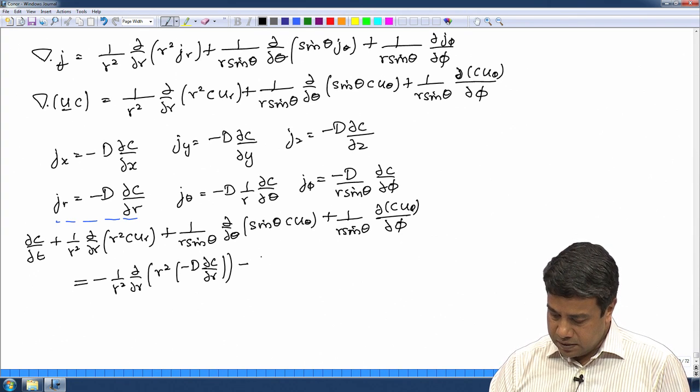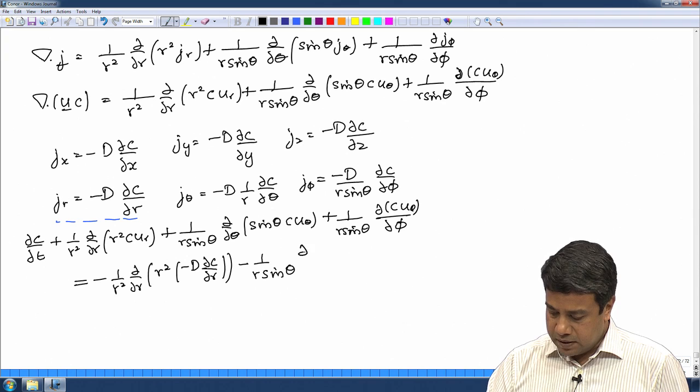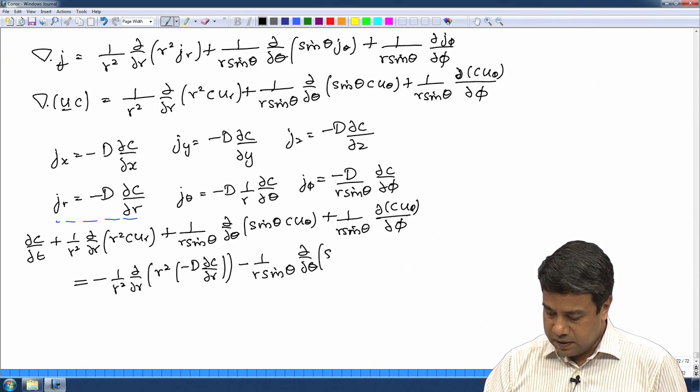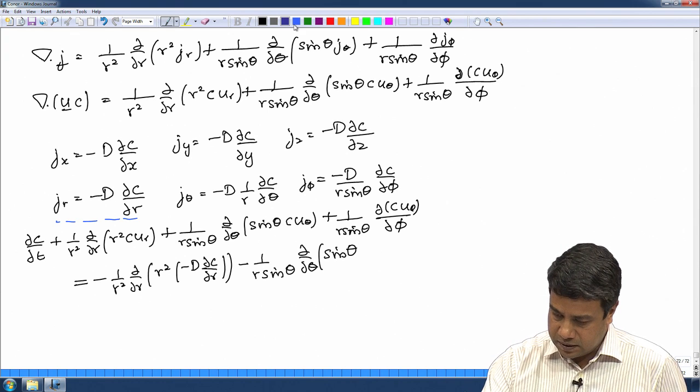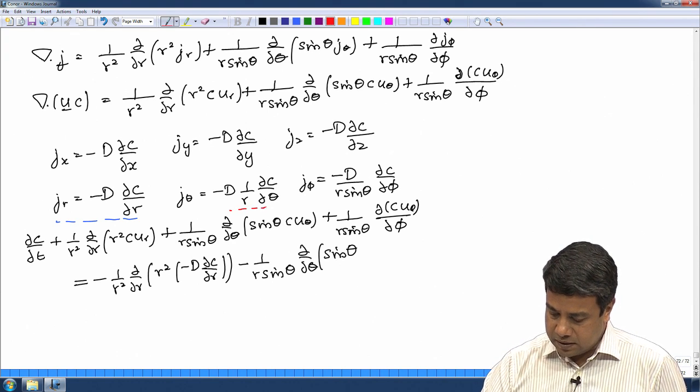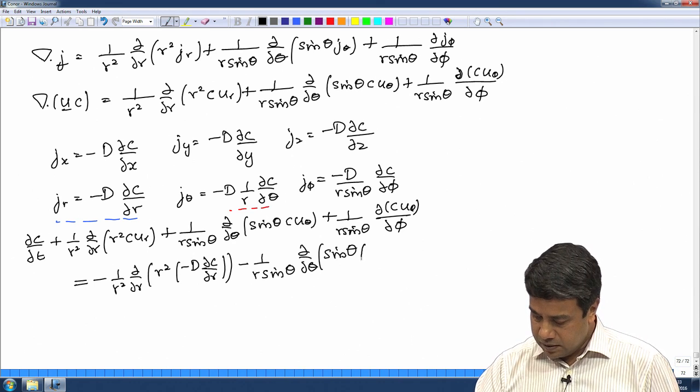And minus the second term is 1 by r sin theta partial by partial theta of sin theta into j theta, which is minus d by r partial c by partial theta.